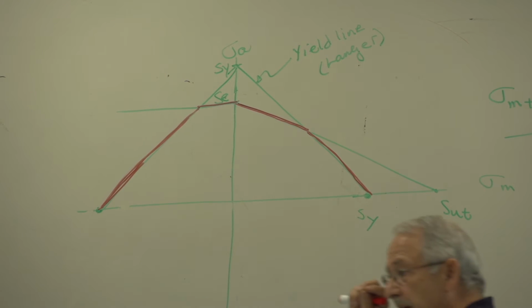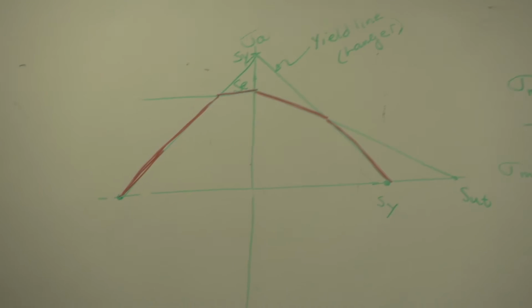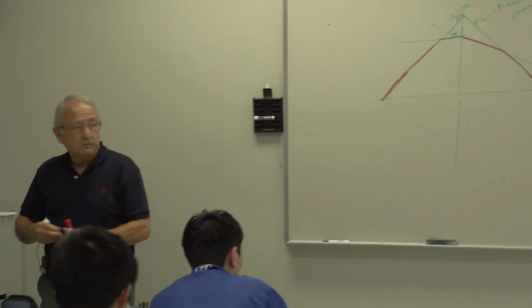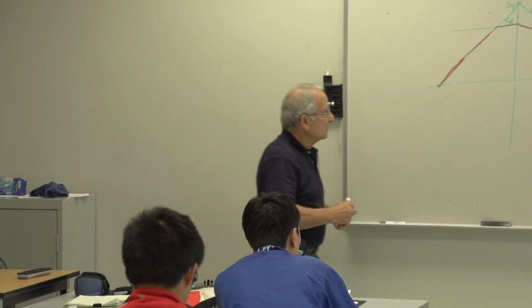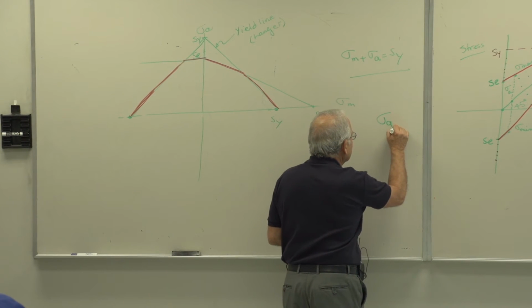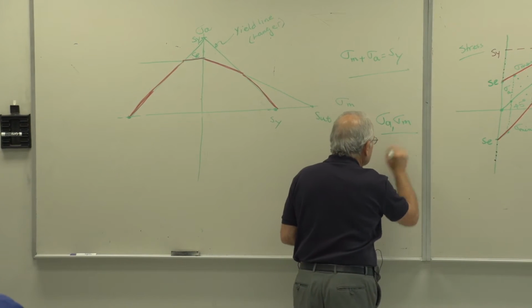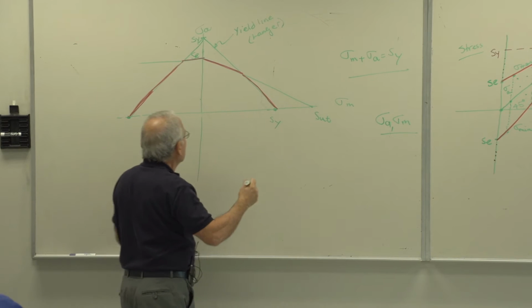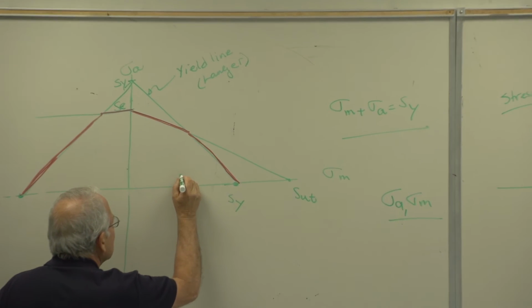If I have an applied load, I calculate sigma A and sigma M, and I will plot my point. Let's say it plots here.